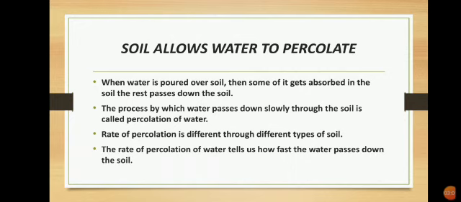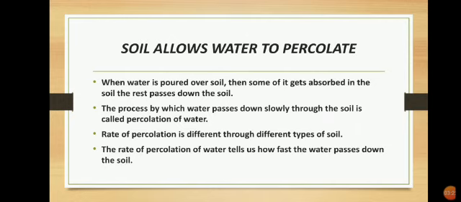But the rate of absorption is more in clay soil, whereas it is less in sandy soil. Now, what is the rate of percolation of water? It tells us how fast the water passes down the soil. Rate of percolation of water and percolation rate of water mean the same thing.